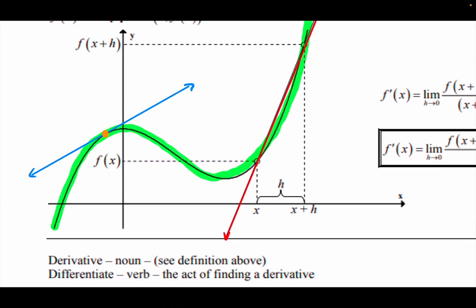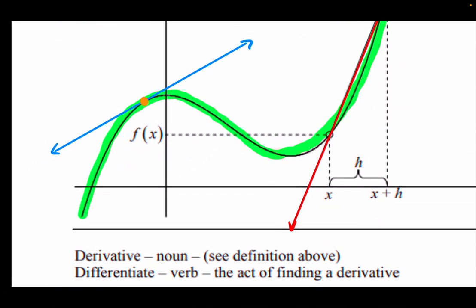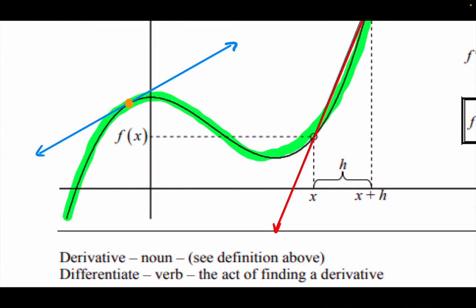Would it eventually run into this guy over here? Yeah, it would eventually. That's where it would be a secant. So over here it's a tangent. Over here it would be a secant. It could be both. But when we're focusing on one point, we can say it's a tangent.